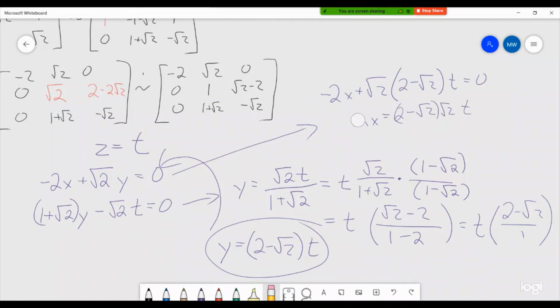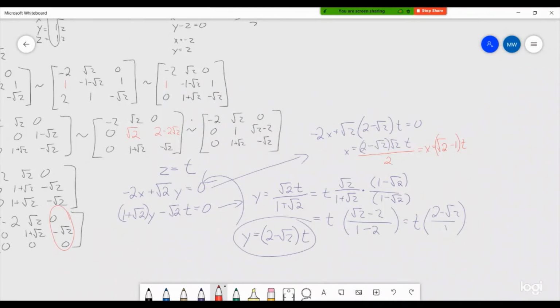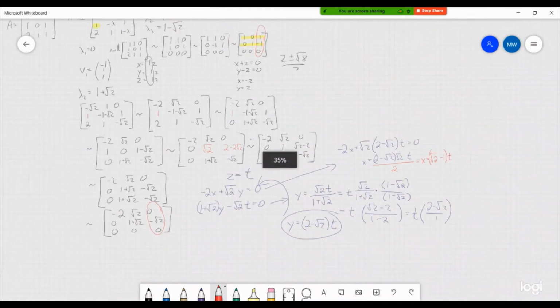Divide both sides by 2. And then a little bit of simplifying will give us that x equals the square root of 2 minus 1 t. And so that tells us that our vector for v2 is going to be each of those pieces together.